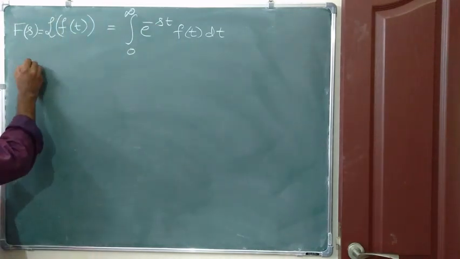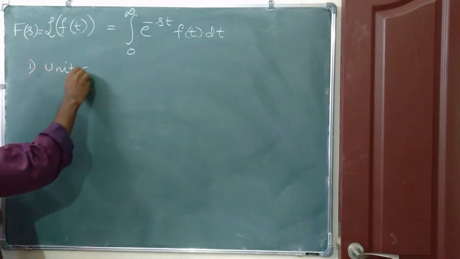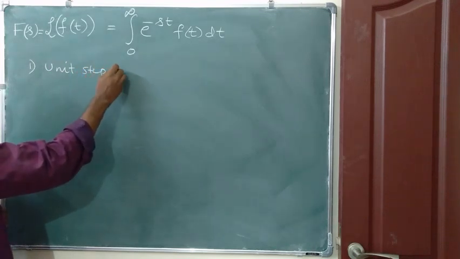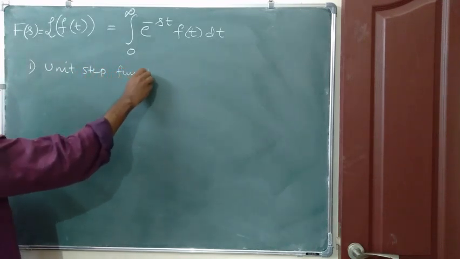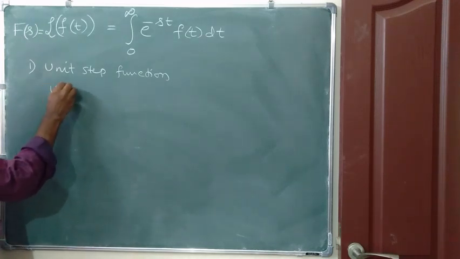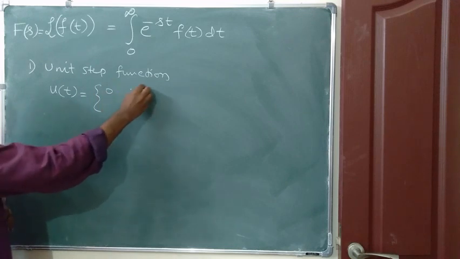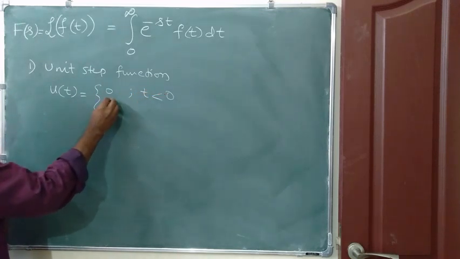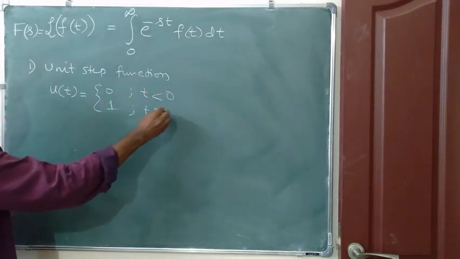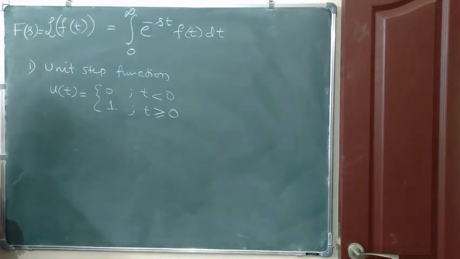Okay, so the first function that we will consider is called the unit step function. We will denote it by u of t. It is defined as 0 when t is less than 0 and 1 when t is greater than or equal to 0.